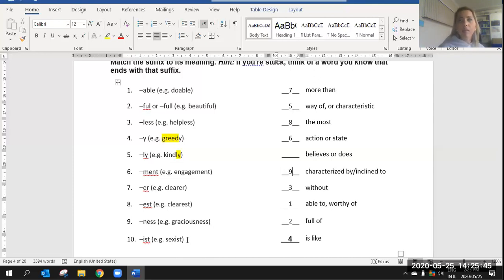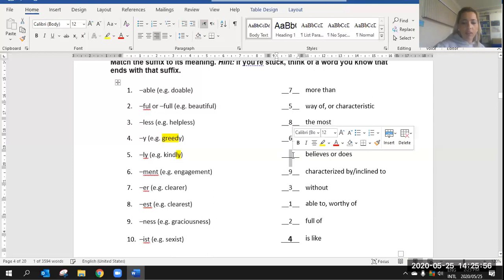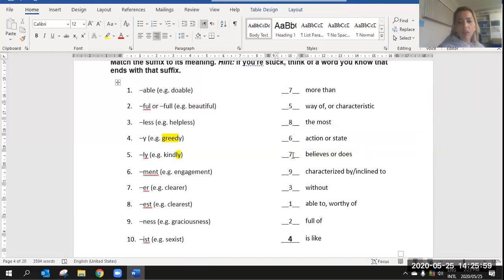So being sexist means that you treat people differently simply based on what gender they are. And that is then somebody who believes or does. All right, that is a characteristic of somebody who believes something or they do something.